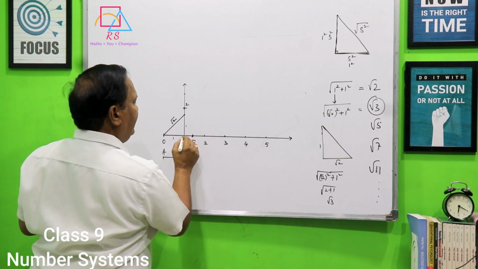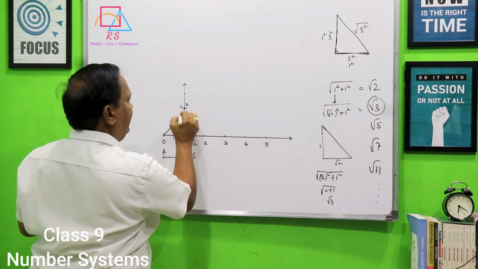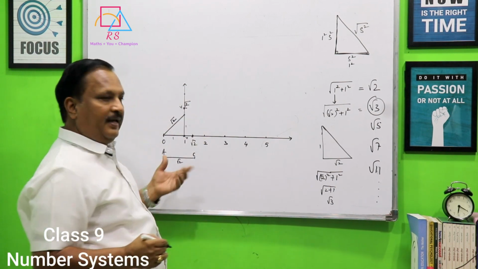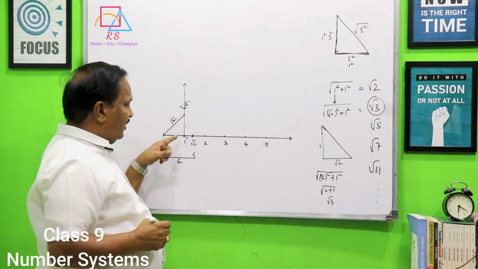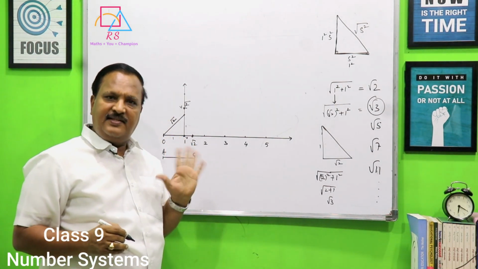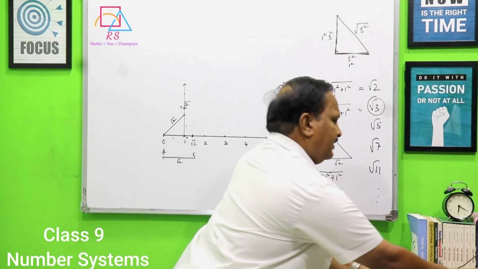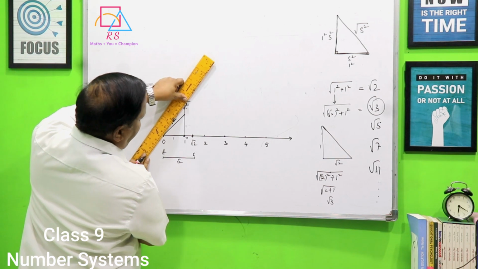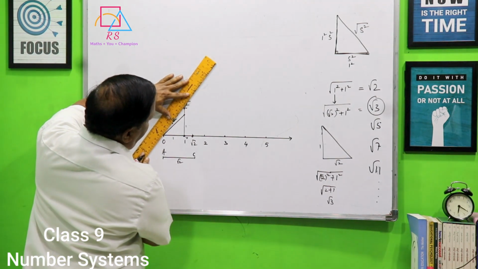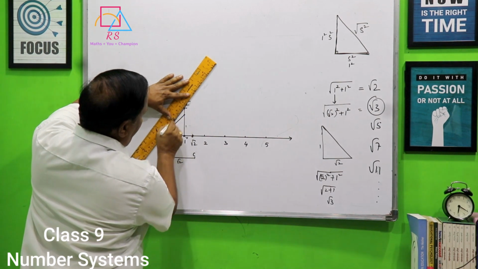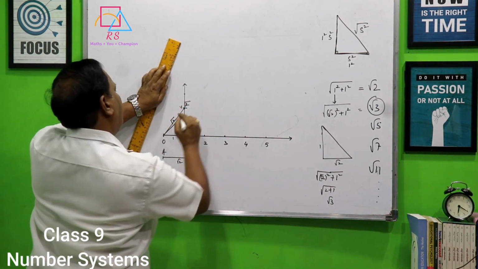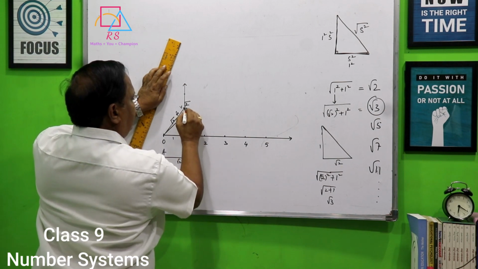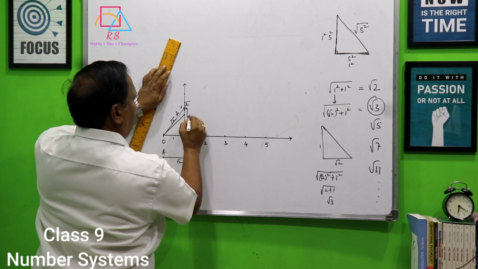That means if I take x and y, xy is root 2. That means you can take root 2 either on the base horizontal line or on the vertical line. Anything is okay. So the advantage if you take it on this one is, say if I join this, what happens? This is root 2. This top one is root 3. Okay. Now this entire thing is root 2.